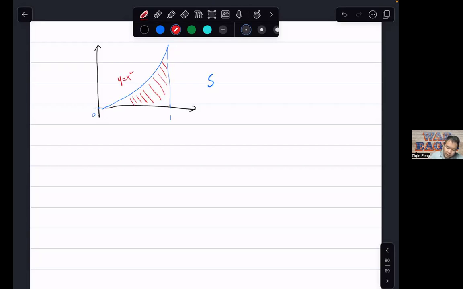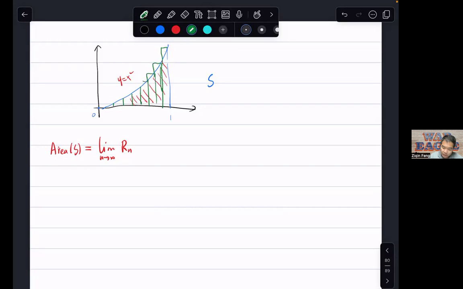So by our discussion, we know that the area of S is defined to be the limit as n goes to infinity of Rn. I recall that Rn here divides your region into smaller stripes. Rn is the sum of rectangles formed by the right endpoints.